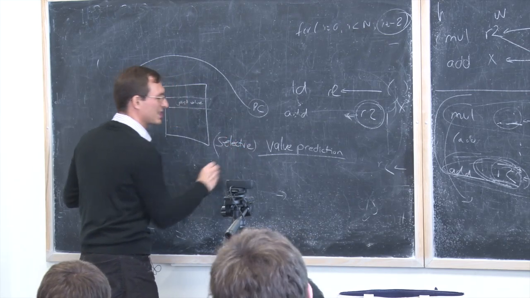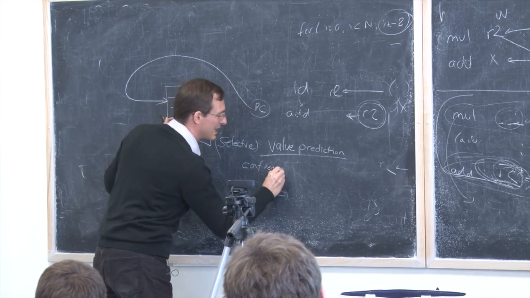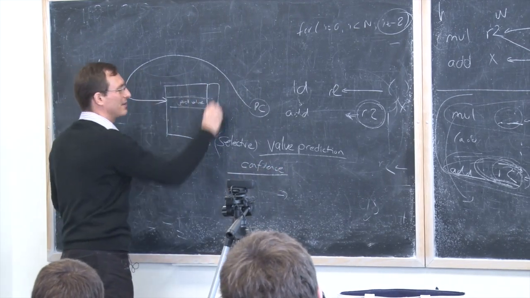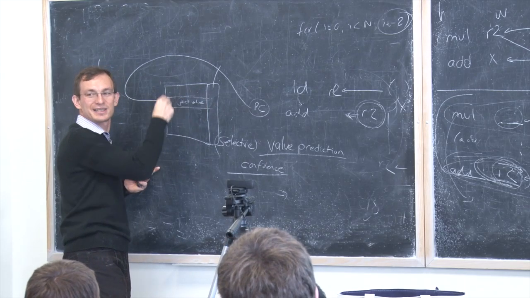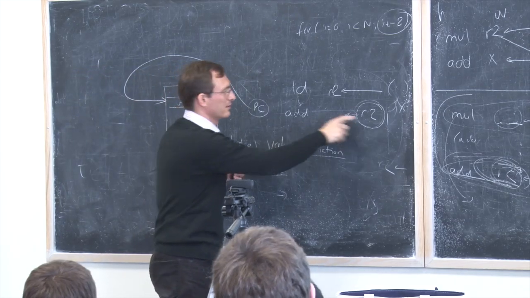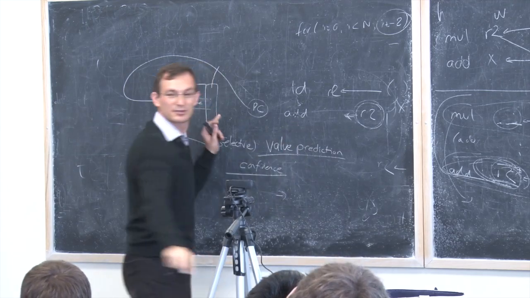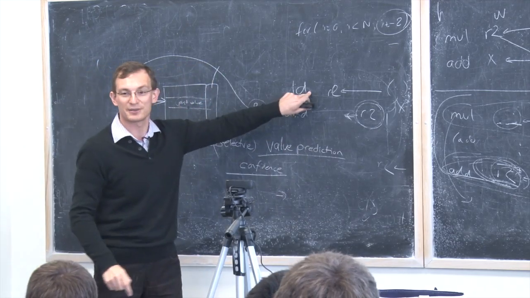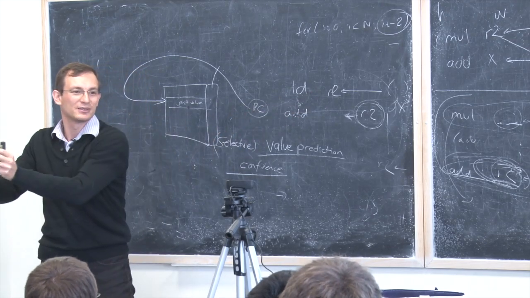So you could have selective value prediction. And you could increase hardware complexity by having confidence. Maybe you can have confidence counters. I'm confident that this past value has occurred a lot. And if you're confident, then you use this. Then you predict that this value will be 0, let's say. And then you execute the add without waiting for the result of the load to come back. That way you keep the pipeline full.